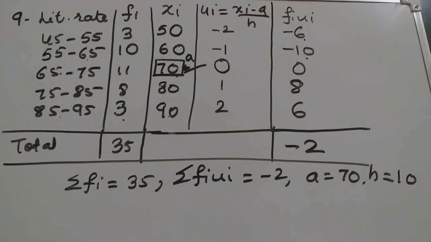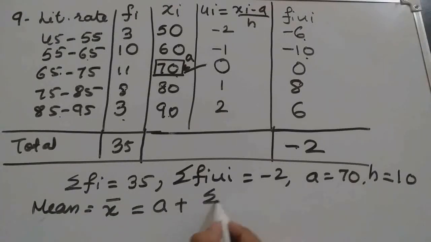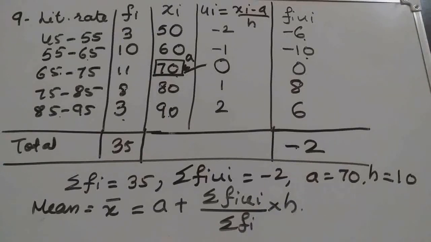Now according to the formula, the mean, that is X bar, is equal to A plus sigma Fi Ui divided by sigma Fi, into H, isn't it?